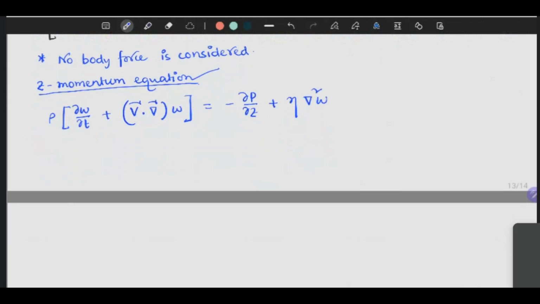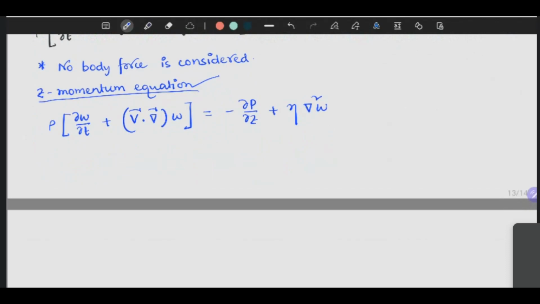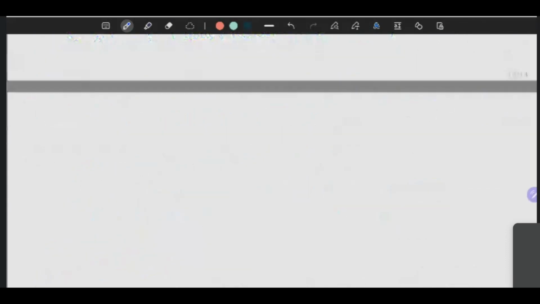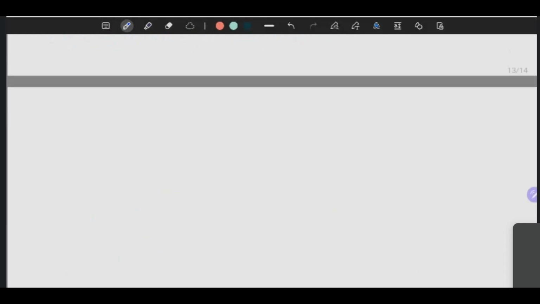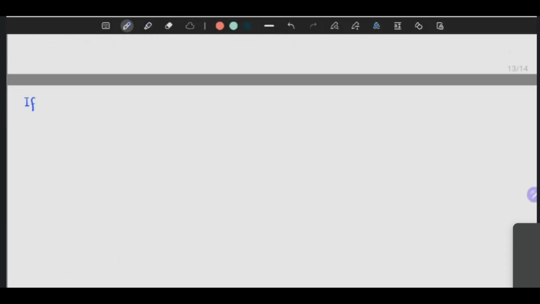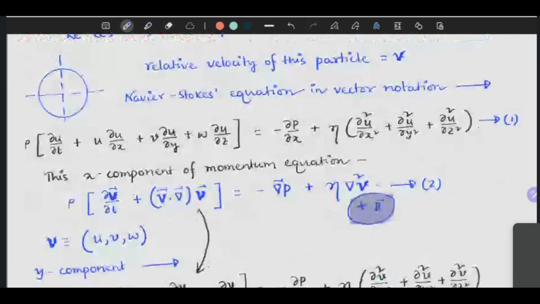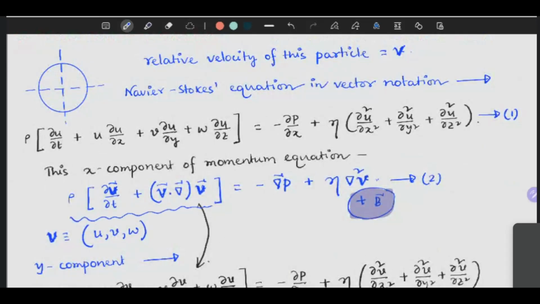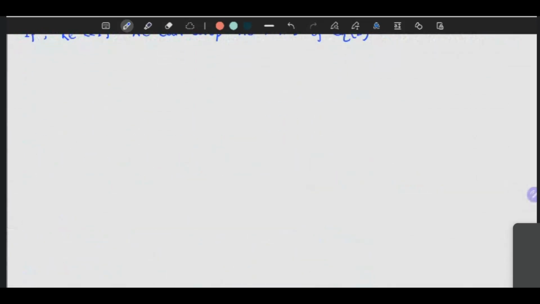Now from equation 2, if Reynolds number is very much less than 1, we can drop the left hand side of equation 2. So we can drop this whole part.